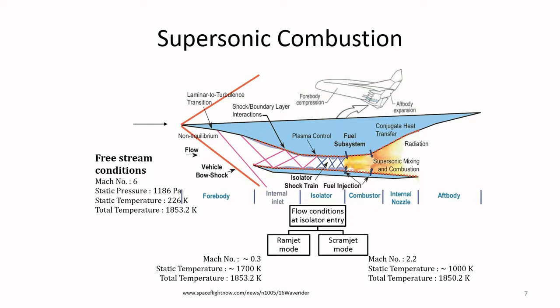Okay. So, what are the processes, and what are the typical numbers that one can expect in a scramjet engine? Before we go into the numbers, let us describe the process. You see that at this nose you have a large bow shock being formed, and there can be some non-equilibrium effects here.